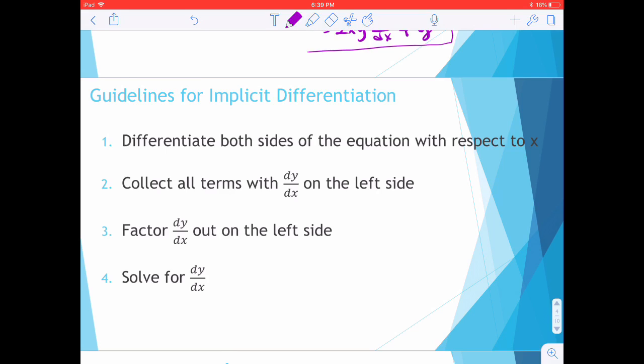Then you factor out dy dx on the left side so it's by itself, and then you solve for dy dx. Your end product should be dy dx equals the rest of the function, whatever that may be. Go ahead and make sure you write these down so you know the guidelines for implicit differentiation.